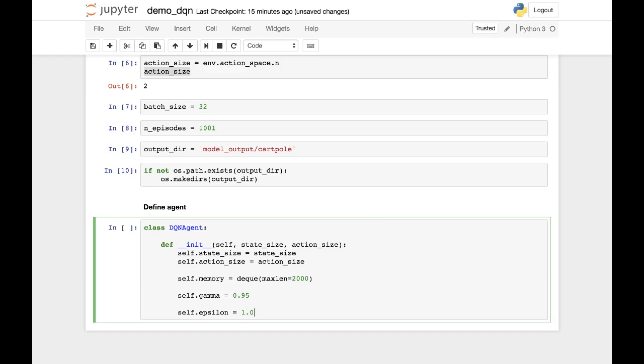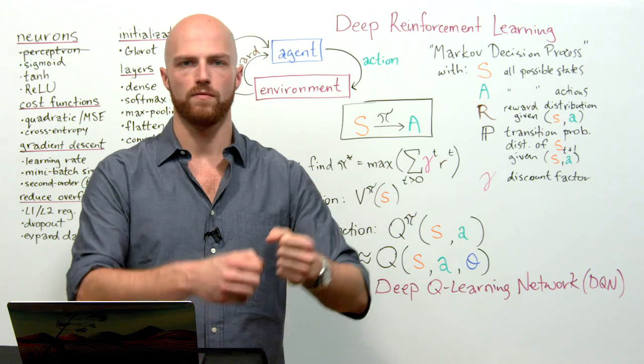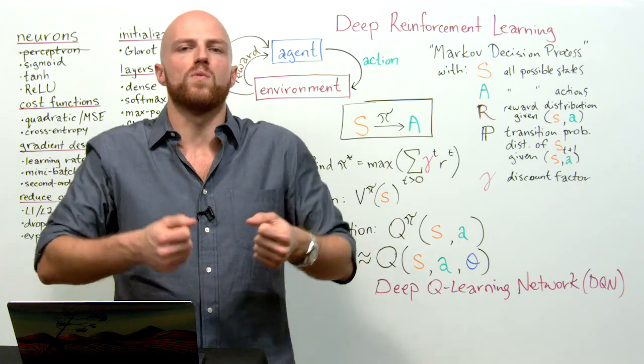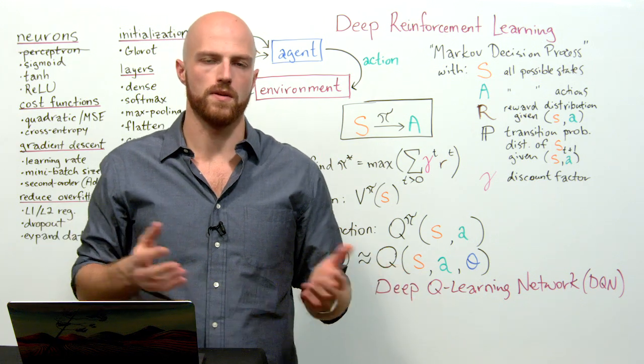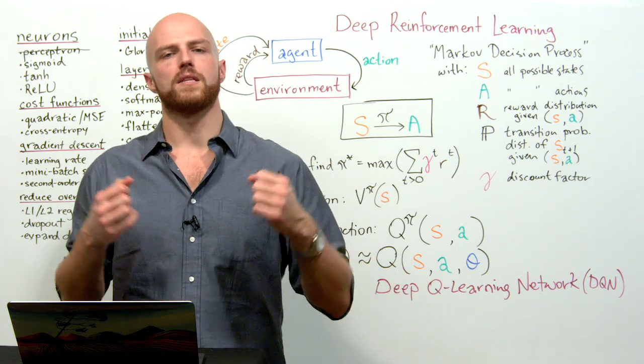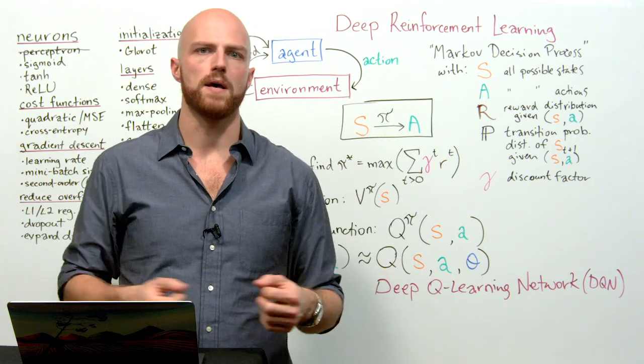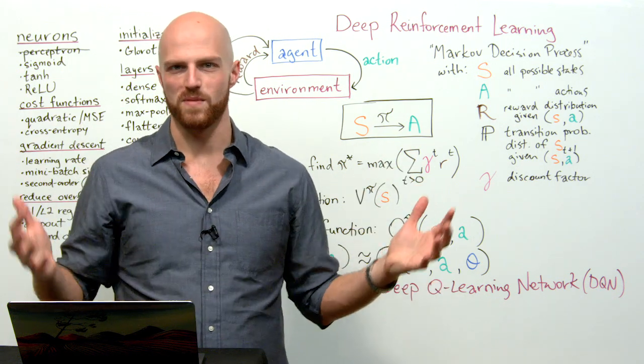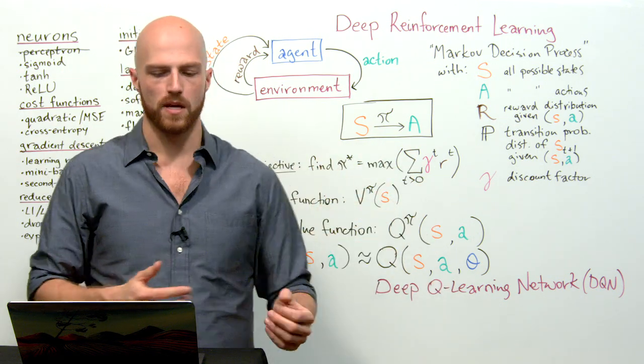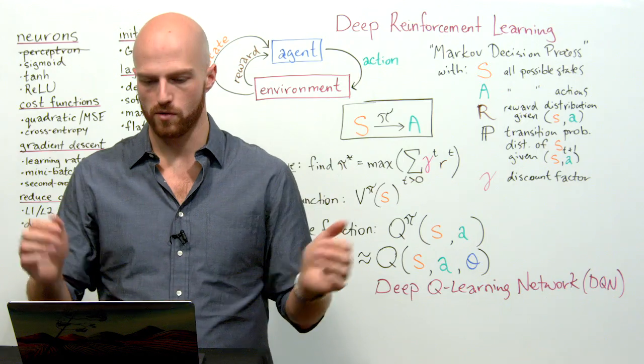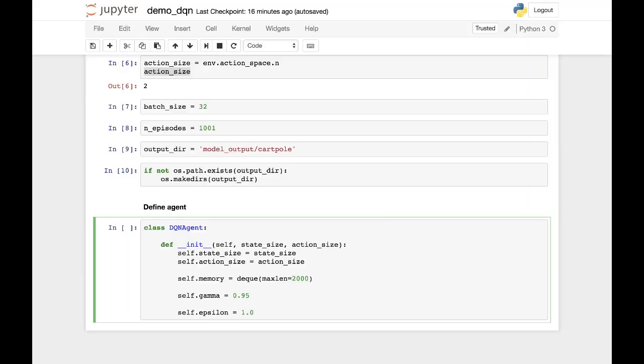So this is our initial epsilon. What we're saying here by setting it to 1 is that our initial exploration versus exploitation rate is going to be skewed 100% towards exploration. So at the very beginning of training our agent, we assume, and I think this is the correct assumption, that the agent doesn't know how best to exploit the information about the environment, and so we're just going to explore at the start.